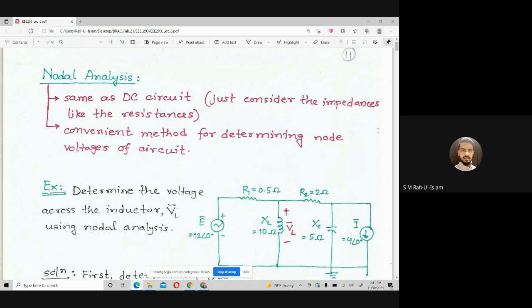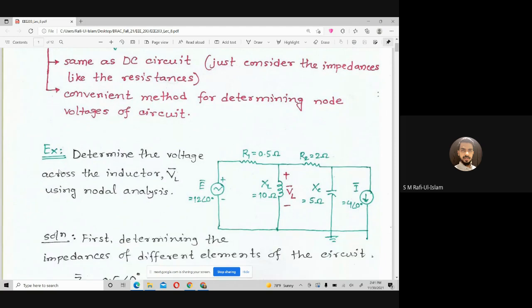If we apply node analysis, as the name suggests, we'll get the voltages of each and every node. We all know node analysis applies KCL, Kirchhoff's current law: at a particular node, the algebraic sum of current should be zero.